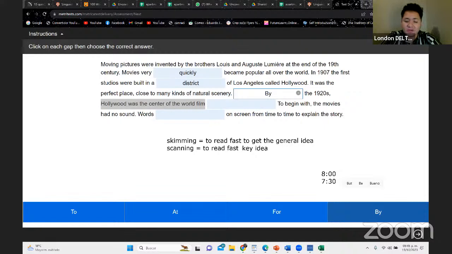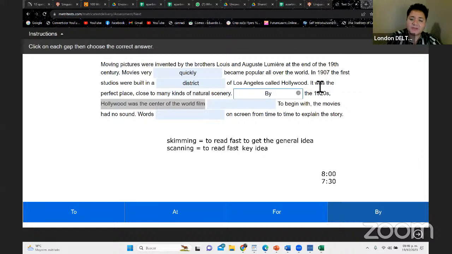When do you use by? Another example could be: by 2050, the sea level will cover coastal cities because of global warming. So you're saying that in a year, an event will occur.